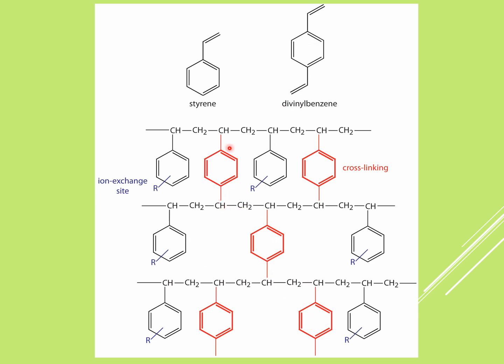The divinyl benzene cross links the different layers, and the benzene ring of styrene, that is free, so you can put some functional groups into that ring. These functional groups act as the ion exchange part. Okay, depending on the type of functional group, you will get a cation exchange resin or an anion exchange resin.